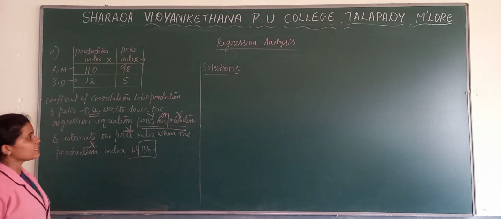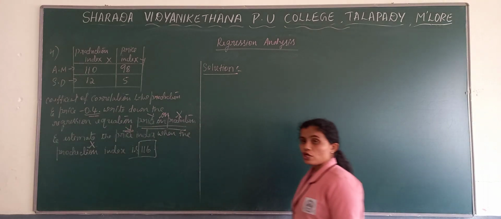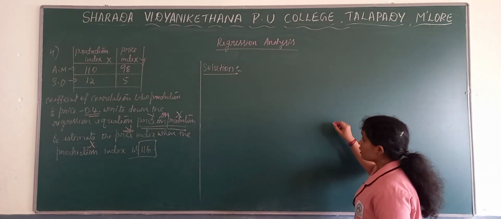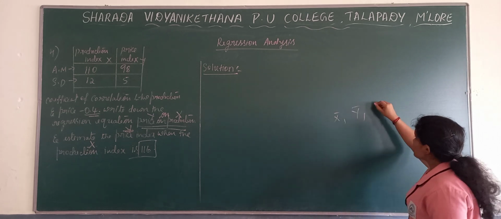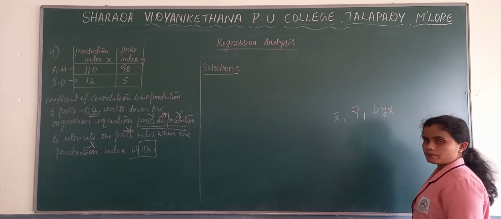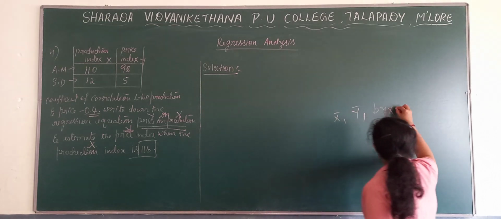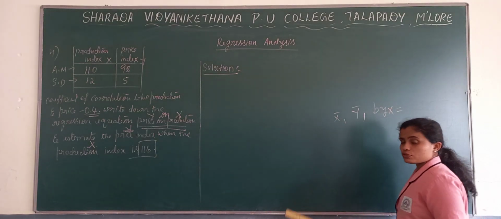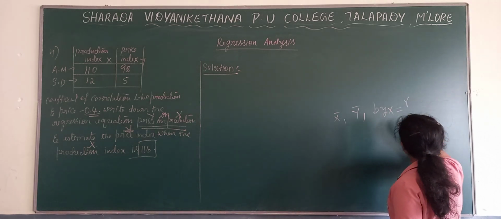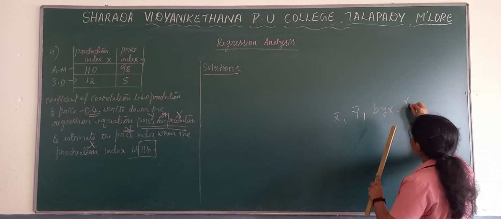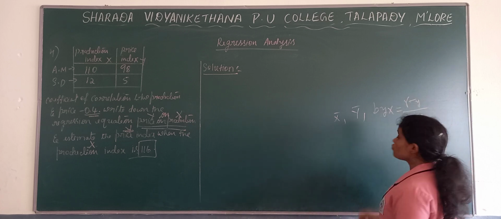Now we got to know that here it is y on x, and in case of y on x, we require x bar, y bar, then b y x. So here, in order to obtain b y x, there was another formula, coefficient of correlation into, if it is b y x, standard deviation of y divided by standard deviation of x.